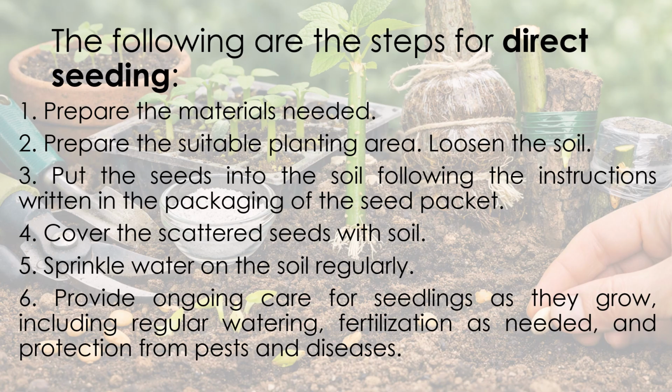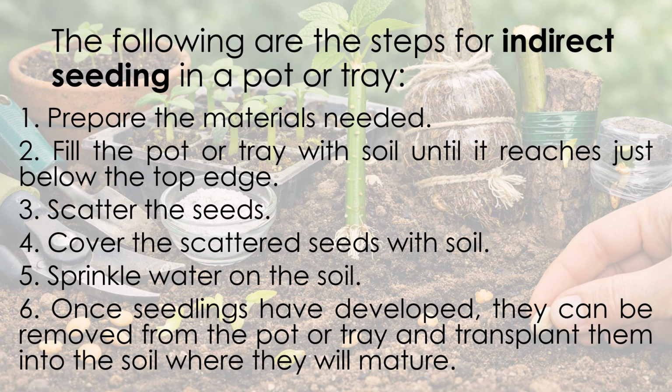As the plants grow, continue watering, add fertilizer when needed, and protect them from pests and diseases to ensure survival. So, direct seeding is about preparing, planting, covering, watering, and caring. A cycle that leads seeds to become healthy plants.